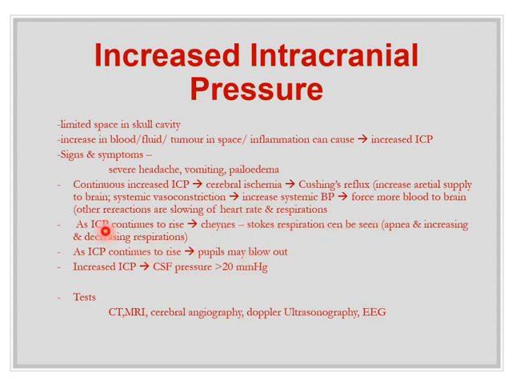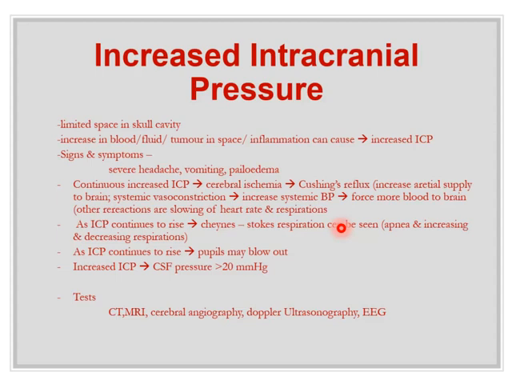As the intracranial pressure continues to rise, the individual can have Cheyne-Stokes respiration. What is Cheyne-Stokes respiration? It is a typical breathing pattern where apnea is there and increasing and decreasing respirations. So what happens is, we all breathe in a definite pattern, in a definite volume, right? It's like everything is normal.